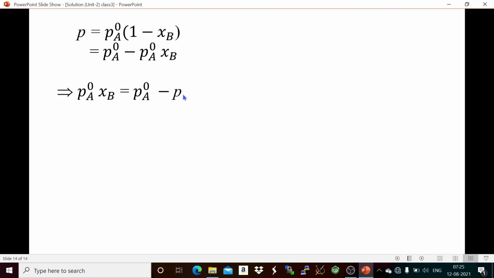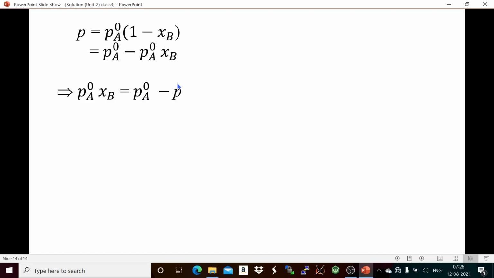Now what is P? We already have that P is the total pressure, which is equal to PA plus PB. Now PB is nil, so P is equal to PA. PA naught is the vapor pressure of the pure component A, before mixing. Then P, meaning PA, is the vapor pressure of component A in solution.